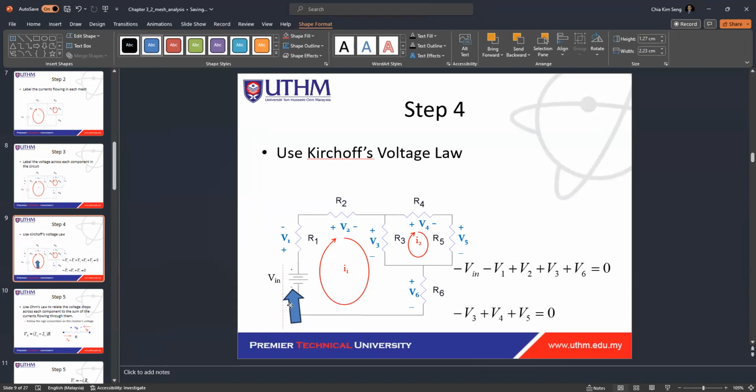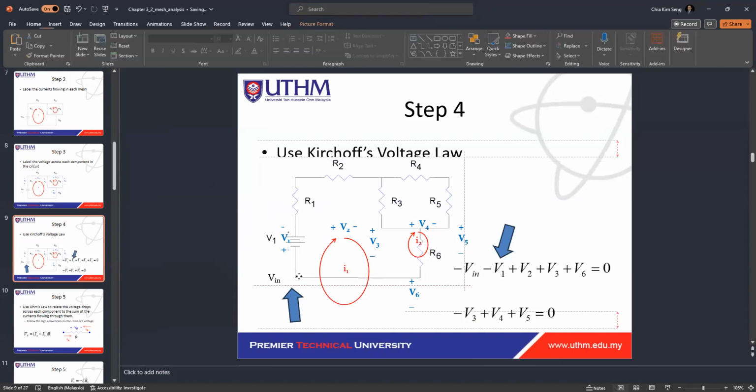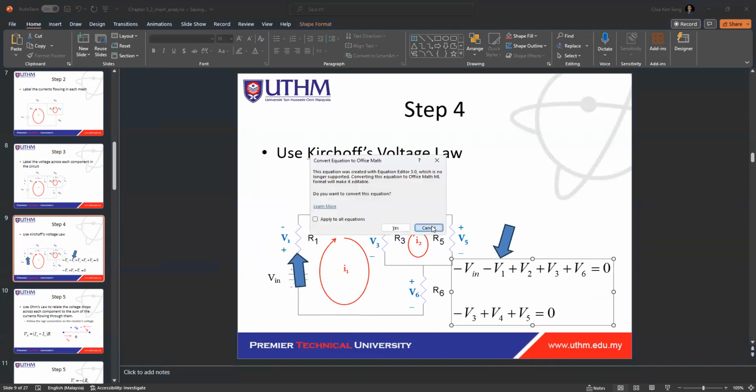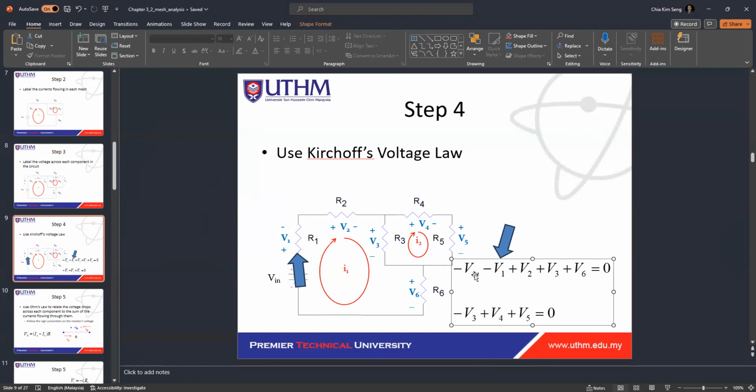Here the sign you see is negative, am I correct? So that's why you write negative Vin in the equation. Next should be positive, since we move to that, it's a positive. So this one is wrong, right? I cannot change it, so you take note of it.